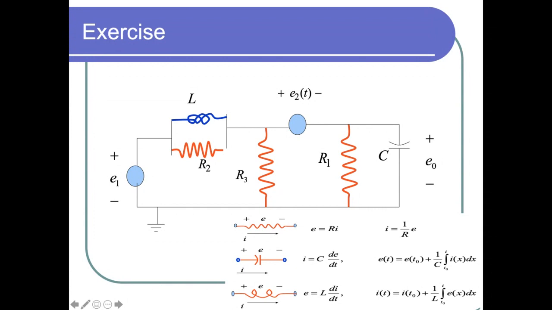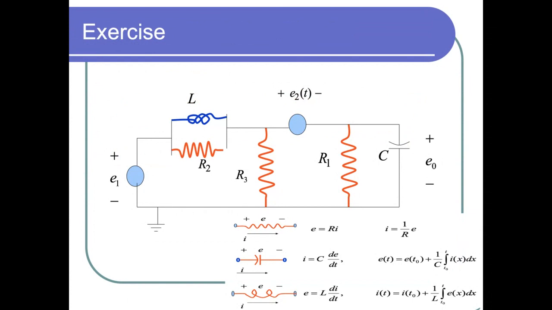Yes, Faisal. Sorry, doctor, but can you please repeat how can we define the nodes that we need to consider? Okay, good. So you check how many nodes at which you can apply KCL.